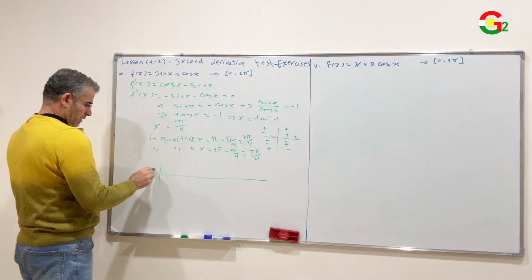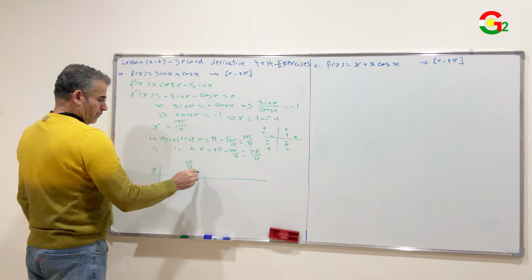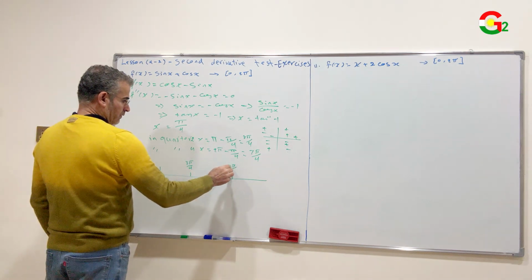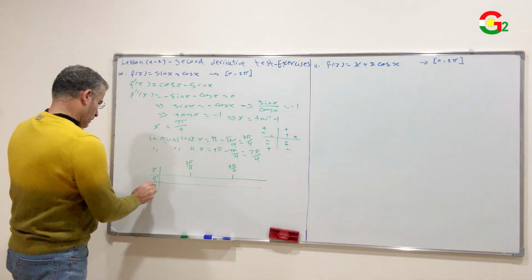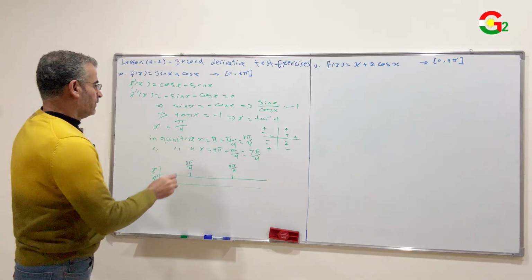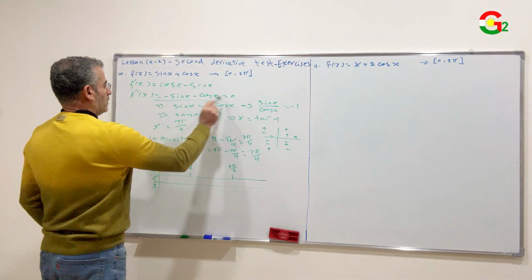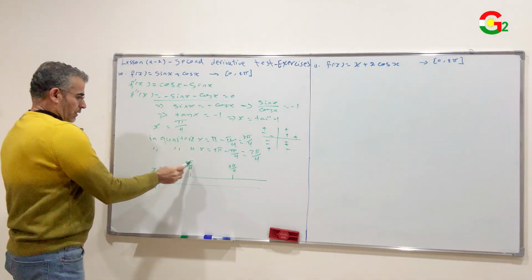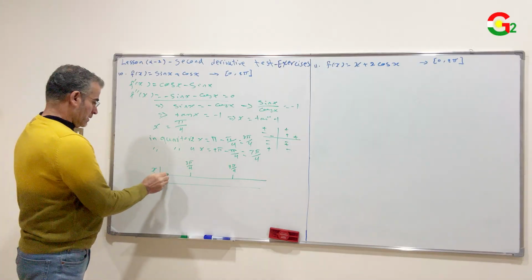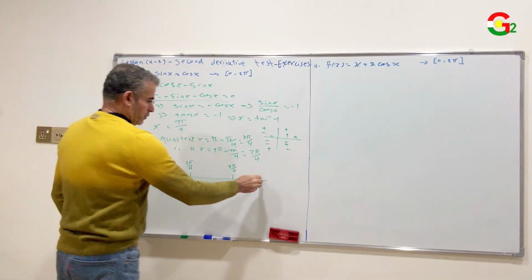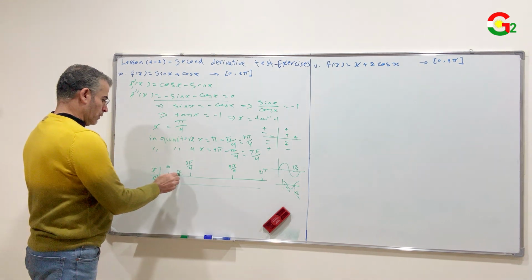Find the sign of the second derivative before and after these values: 3 pi over 4, 7 pi over 4. This is the second derivative of this function. Before 3 pi over 4, between 0 and 3 pi over 4, take pi over 4.